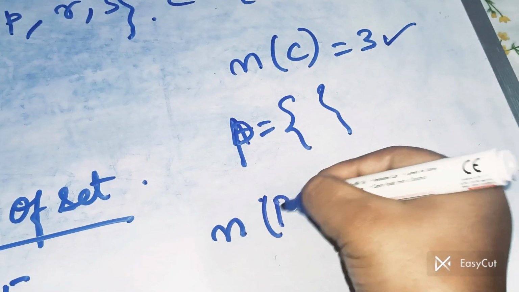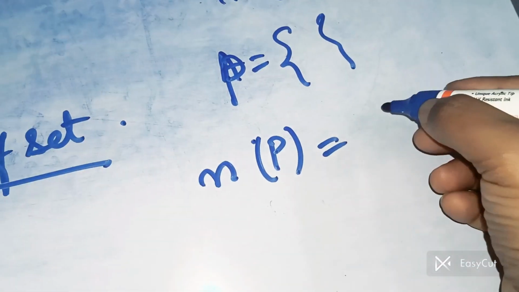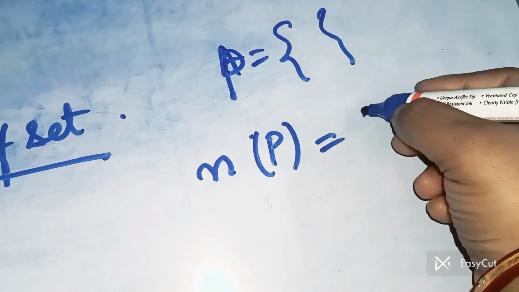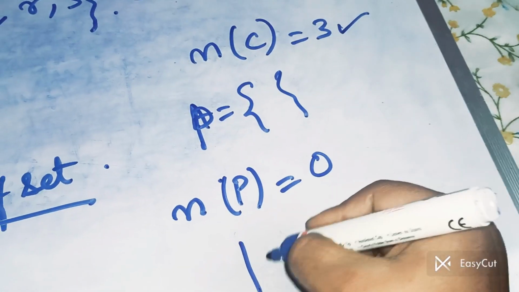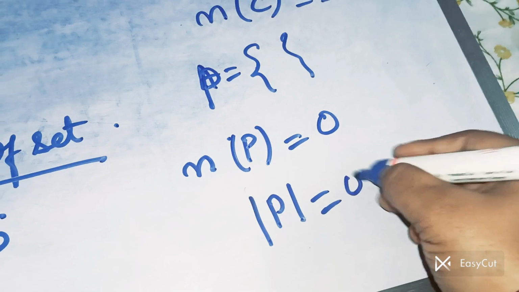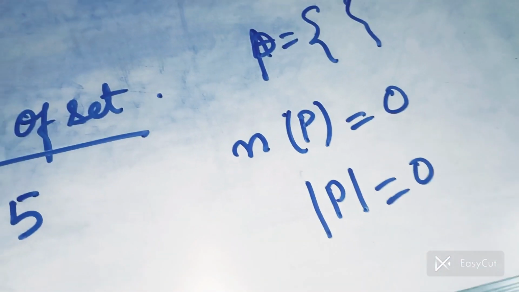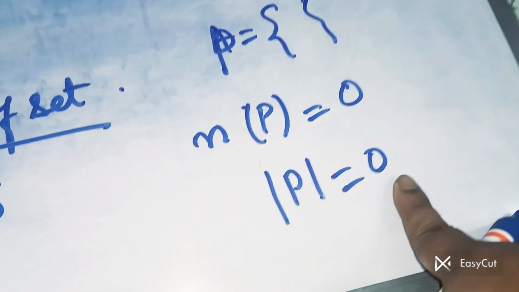That means N of P will be equal to null, means 0 actually. Here no element is there. So like this also we can write cardinality of set P is 0. Cardinality of any empty set is 0.